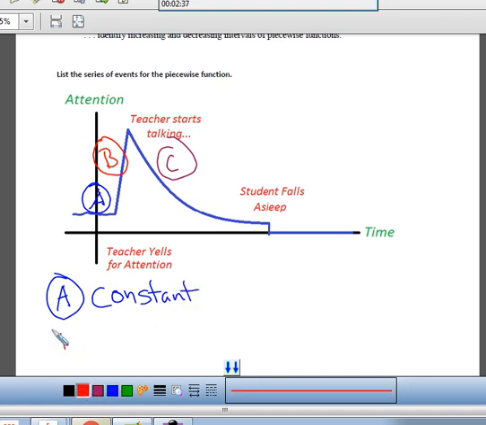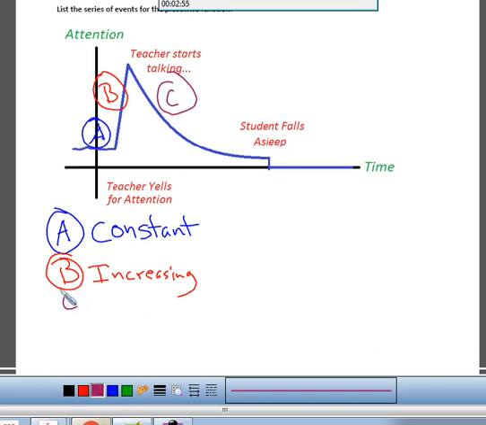B is increasing. And then C is decreasing, and they are different functions, clearly.